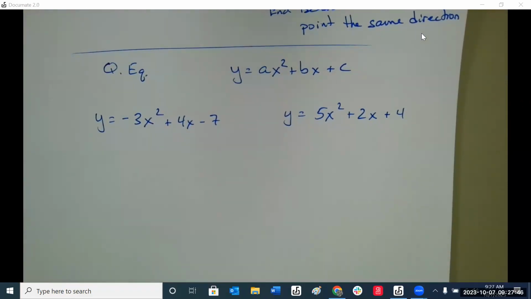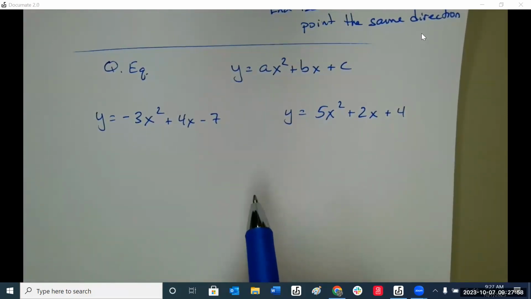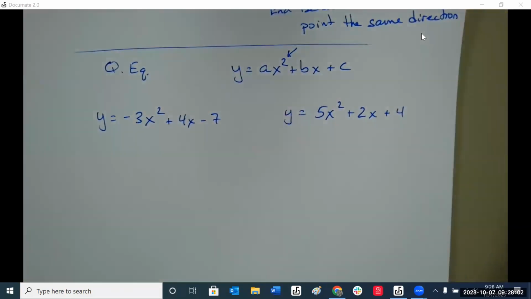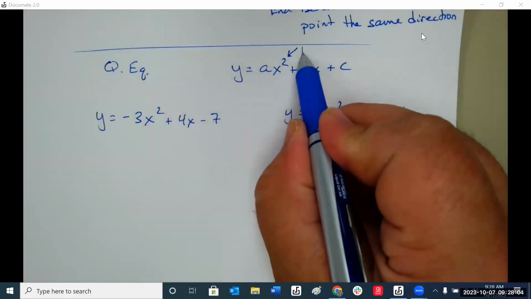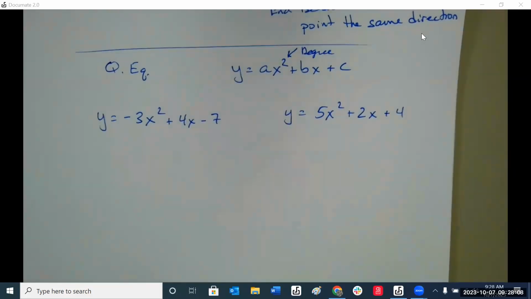The shape of them, directions. What degree are these? The degree is the highest exponent. Yes, it's 2. It's even.